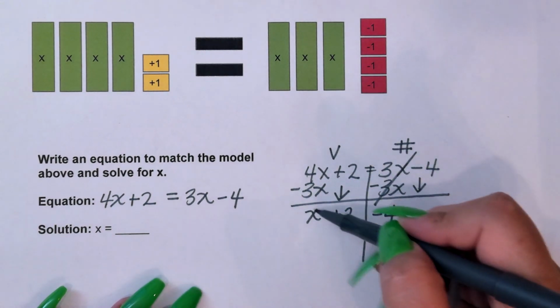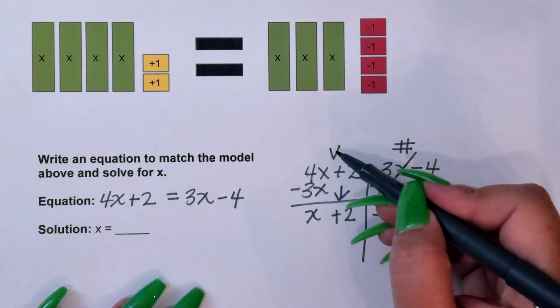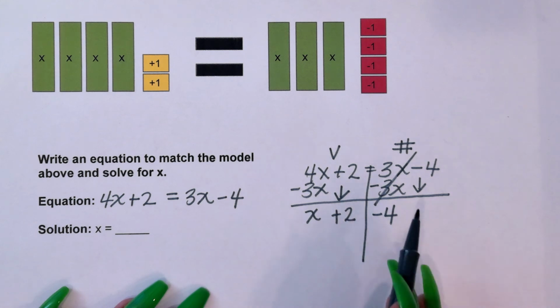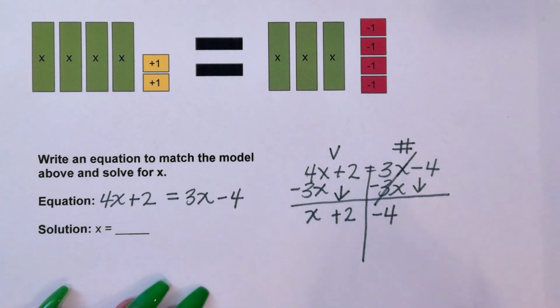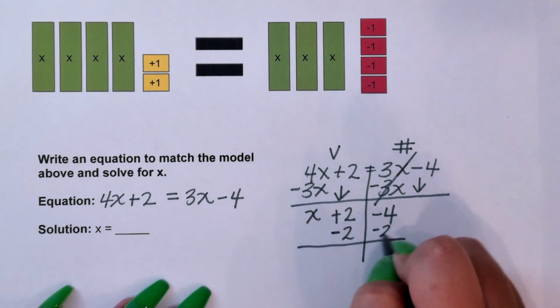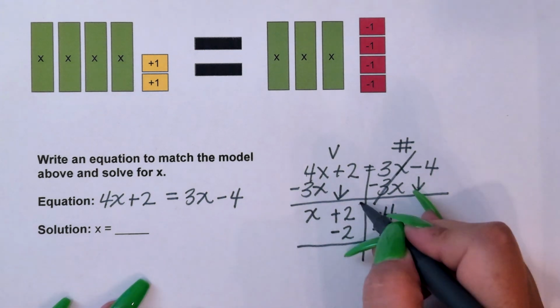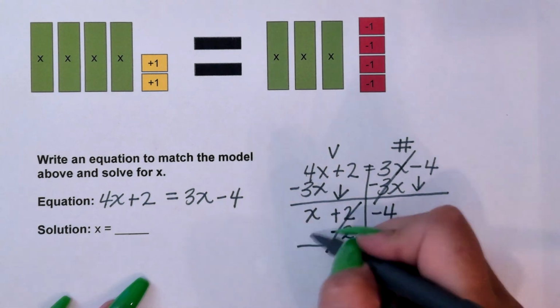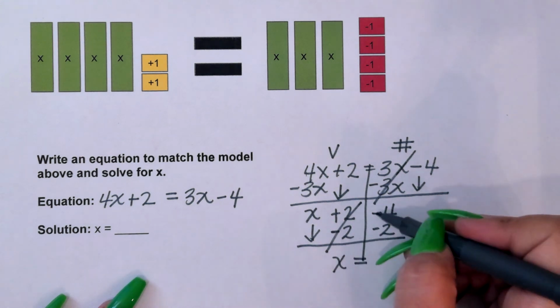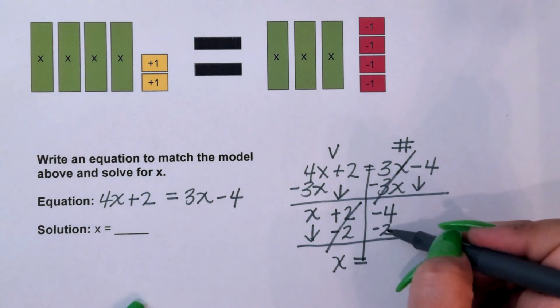So now I have all of my variables underneath the variable side, but I need to get rid of this +2 because it is a number without a variable, so it belongs on the number side. So right now it's a +2. The opposite is to subtract 2 on both sides. So I'm going to cancel my 2's, bring down the x, and then I have -4 and a -2.